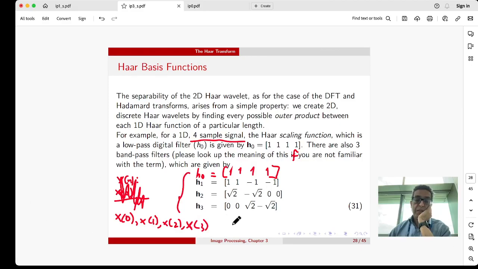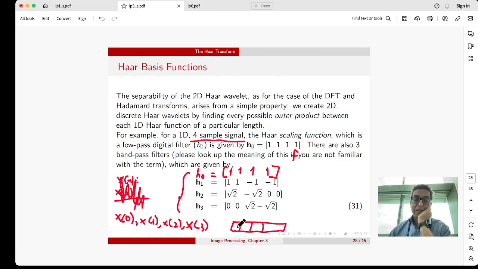So these sit in an array, which is just going to be a 1x4 array.